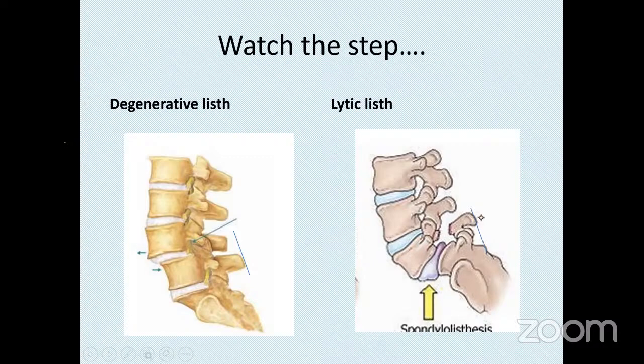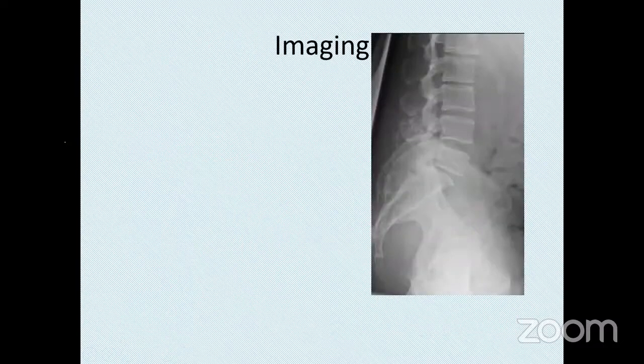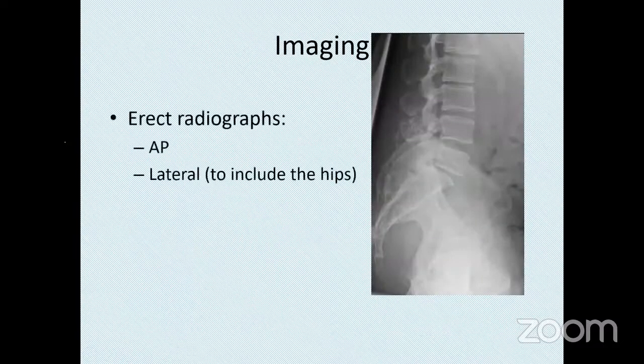The posterior element is still palpable posteriorly. So here, the step, though it is at L4-5, in lytic listhesis, the listhesis will be at L5-S1. And if it happens to be degenerative, the step is at L4-5 and the listhesis is at L4-5 itself. I hope I am clear with this.